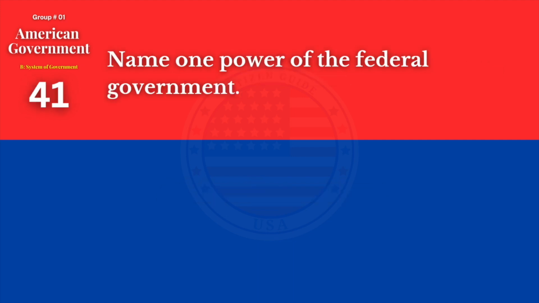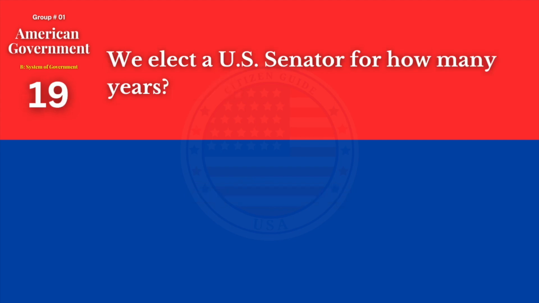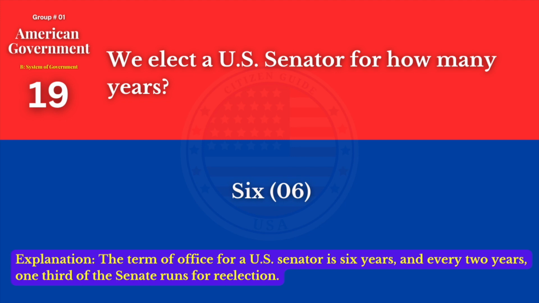Name one power of the federal government. To print money. We elect a U.S. Senator for how many years? 6.